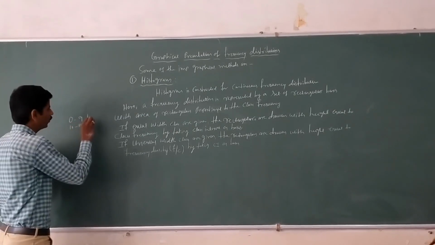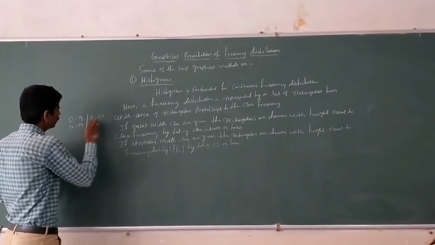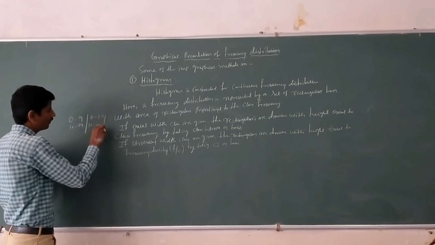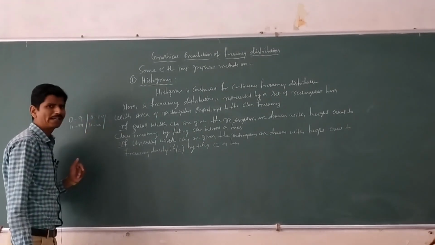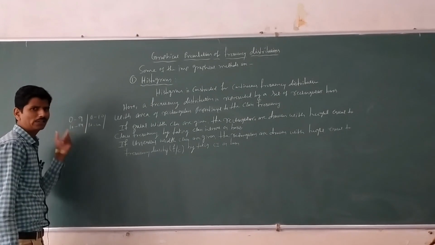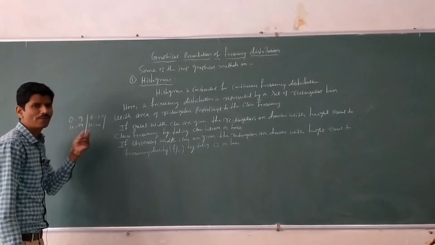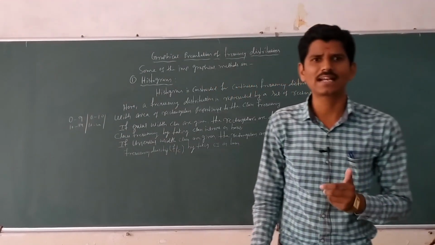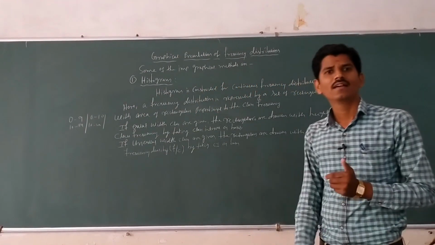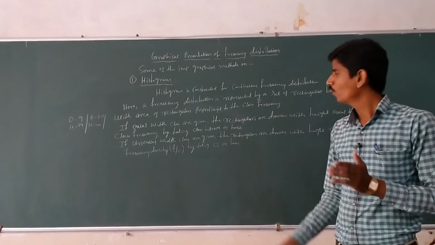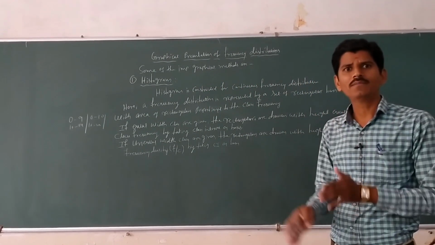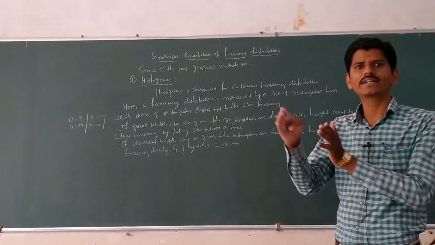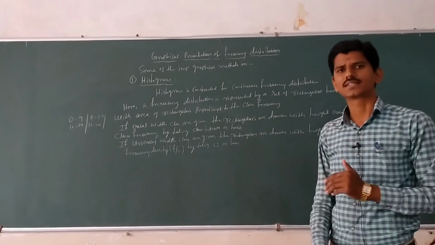It should be converted into exclusive, means 0 to 10, 10 to 20, these are exclusive. If the upper limit of one class is not repeated as the lower limit of the next class interval, then it is said to be inclusive. Then what is exclusive? If the upper limit of one class is repeated as the lower limit of the next class interval, then it is said to be exclusive.